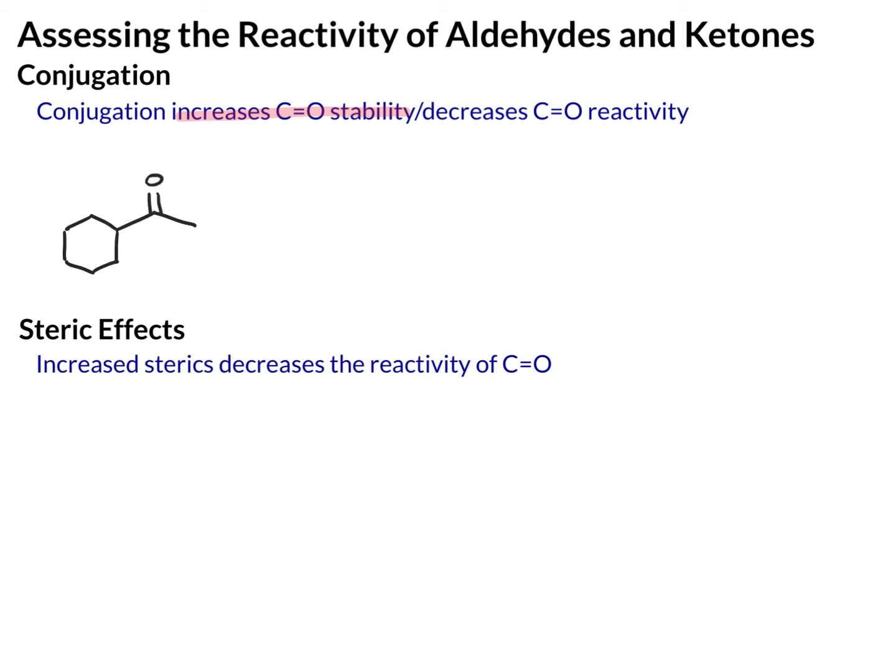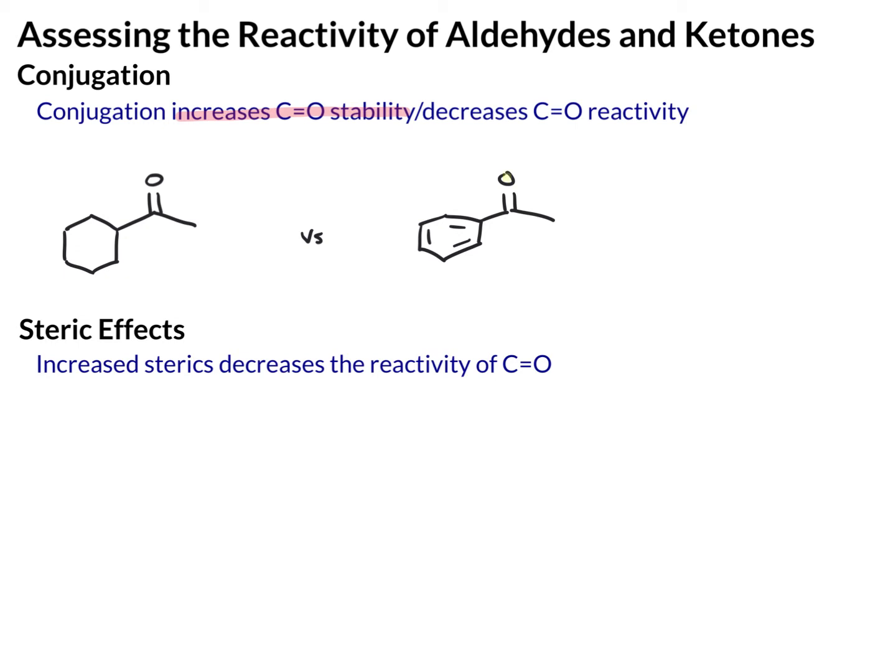Okay, here is a ketone attached to cyclohexane. And we'll compare that to a ketone attached to benzene. So in the first compound, we have the carbonyl, but it's not conjugated with anything. But now compare that to the one that's attached to benzene.